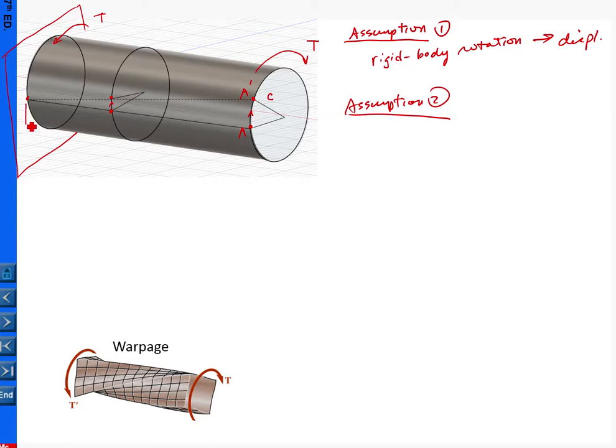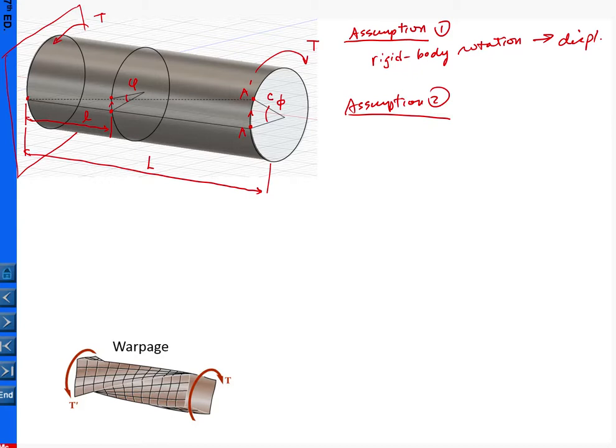Say the distance of this section to the wall is lowercase l, and the distance from the free end to the wall, which is the length of the shaft, I will call capital L. And here A moves to A prime, so that is swept by an angle. Let me call it uppercase phi, and correspondingly in this cross section, let me call it lowercase phi here.